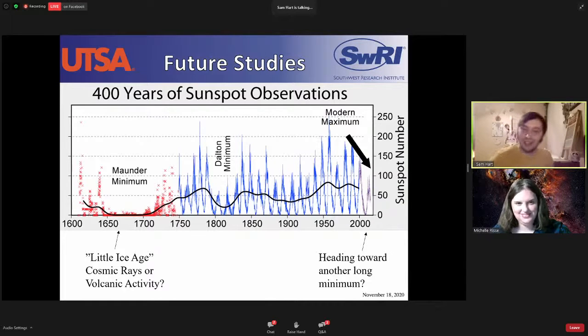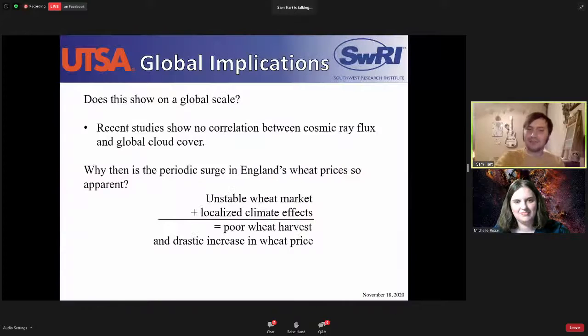I definitely was reading a lot about it, and I would say that nobody can say for sure what it is about England that caused cosmic rays to be able to affect clouds, but everybody seemed to agree that England just has a predisposed ability to get affected by cosmic rays to make clouds. We're not too sure why we don't see it on a global scale. I struggle a little bit with that.